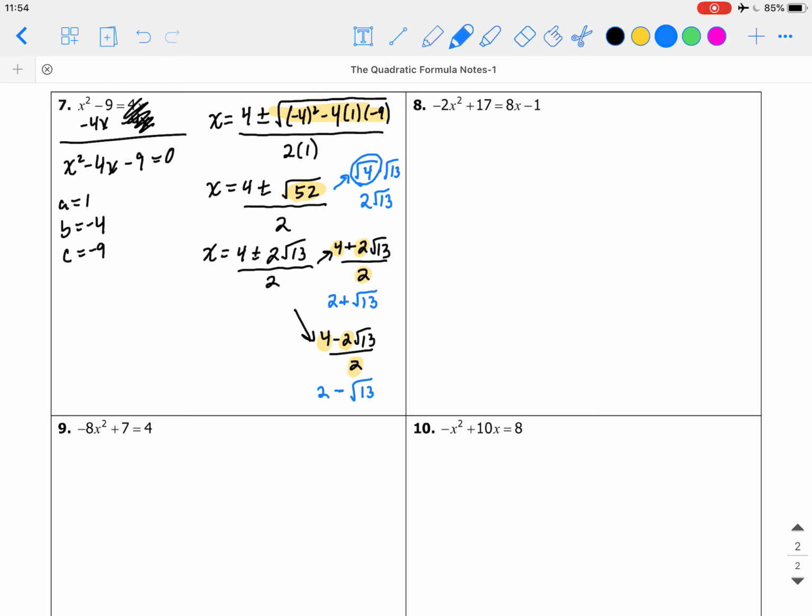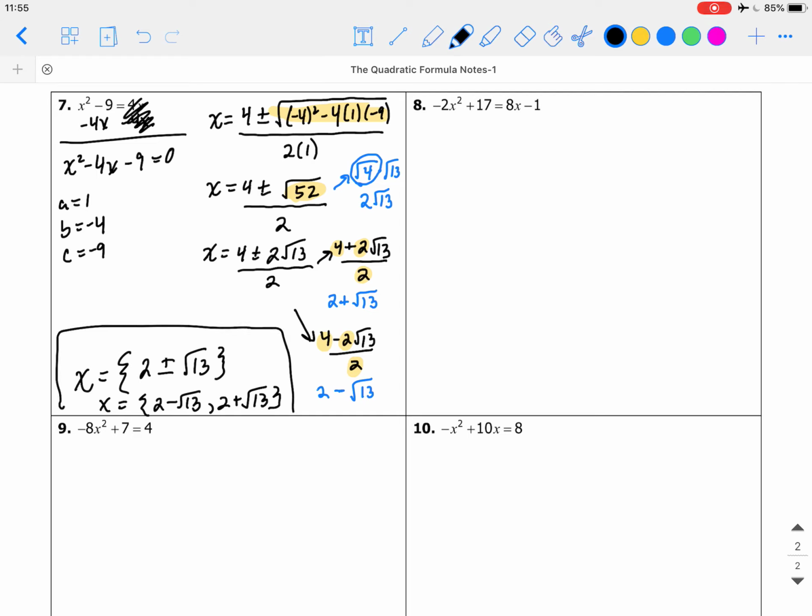Okay, so my two answers will be, as in one of the examples before, I can just put 2 plus or minus square root of 13, or if you want, you can write the answer like this as well. So I have 2 minus square root 13, and I have 2 plus square root 13. Either one works for me, okay?